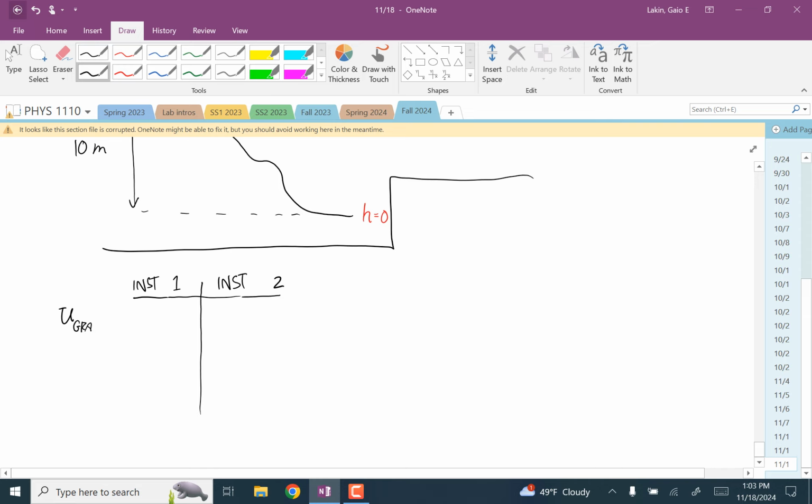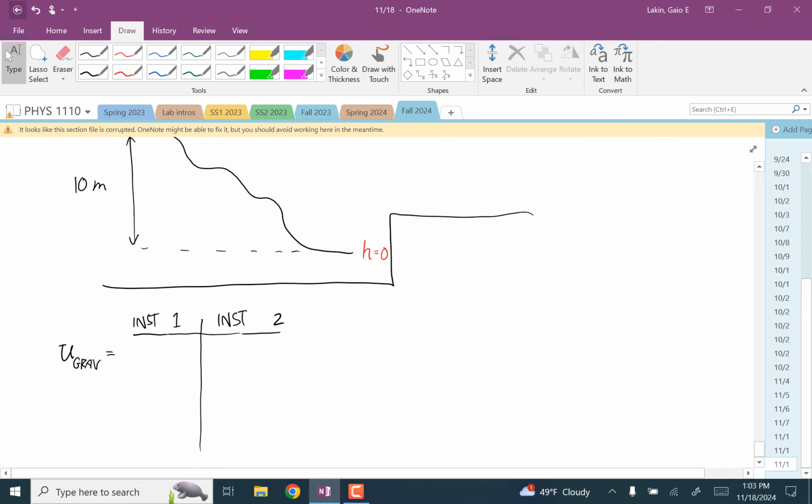The gravitational potential energy at the top of the hill is the mass times 9.81 times a height of 10.